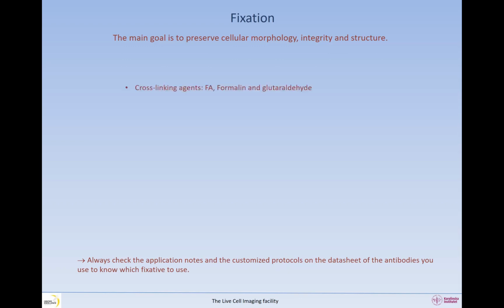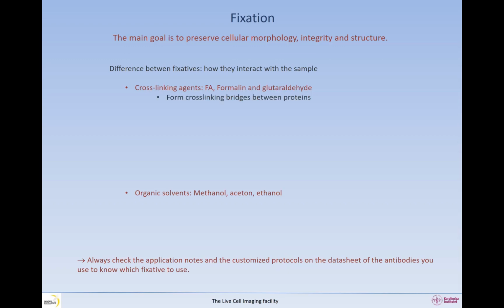Depending on what you are using, cross-linking agents or organic solvents, they will work differently because they interact differently with the sample. The cross-linking agents will form bridges, and they will preserve quite nicely the cells and tissue structure, but they require permeabilization after using.